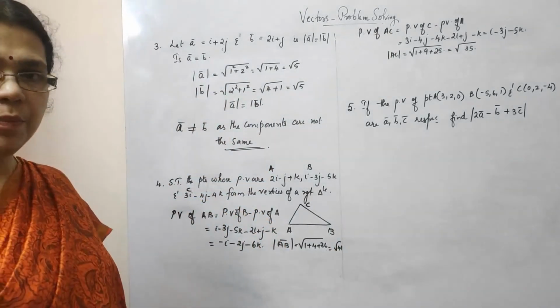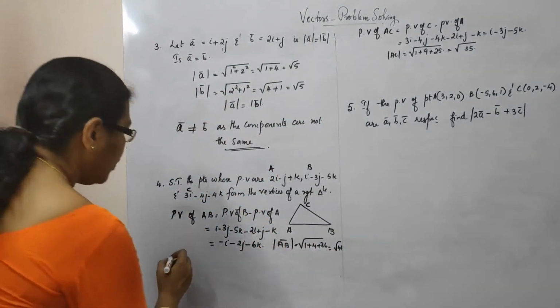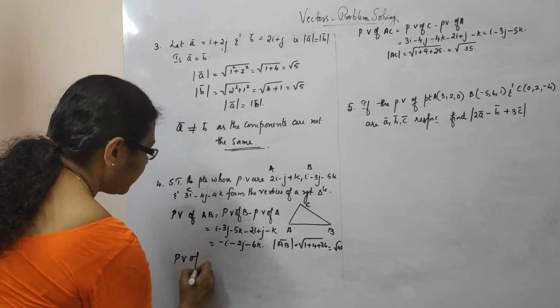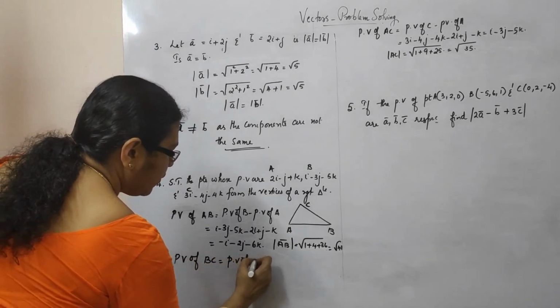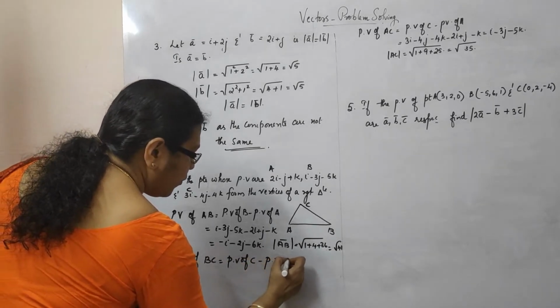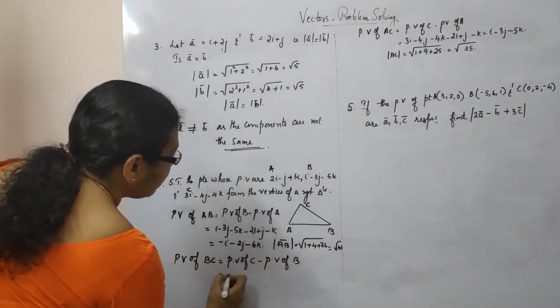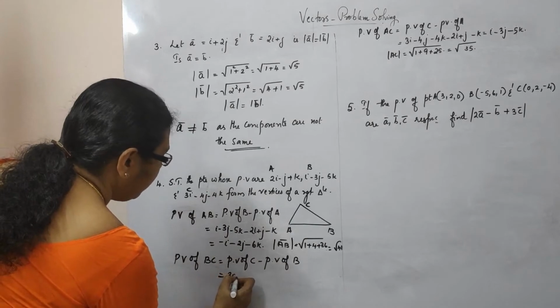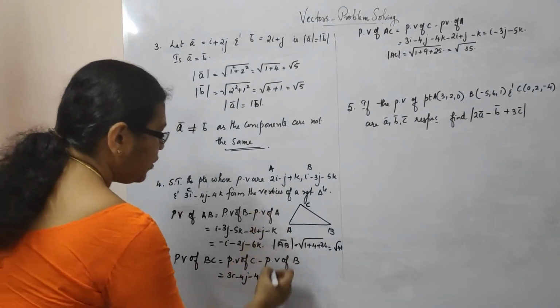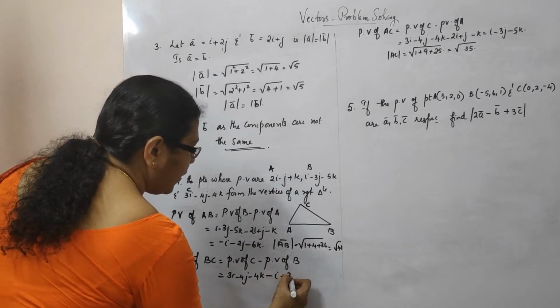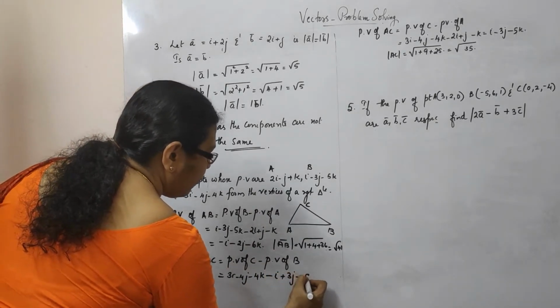Now I find the position vector of BC. Position vector of BC is equal to position vector of C minus position vector of B. Position vector of C is 3i minus 4j minus 4k, minus B, I'm changing the sign and writing plus 3j plus 5k.